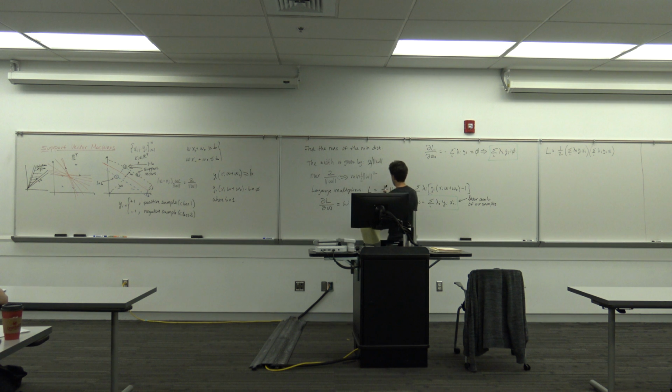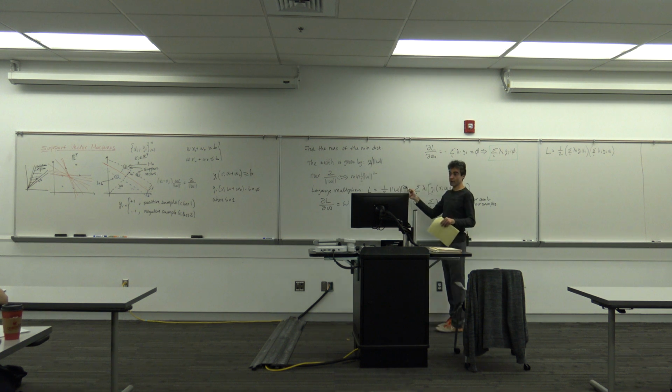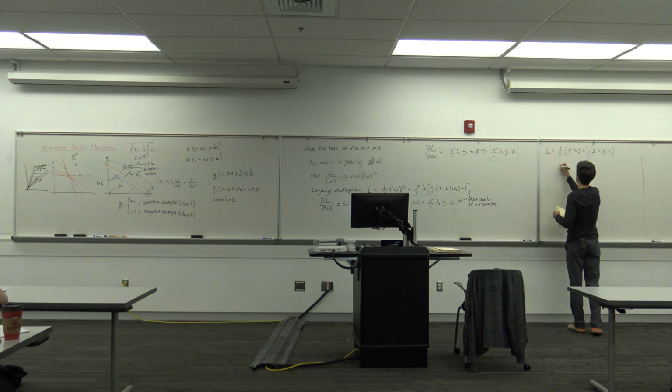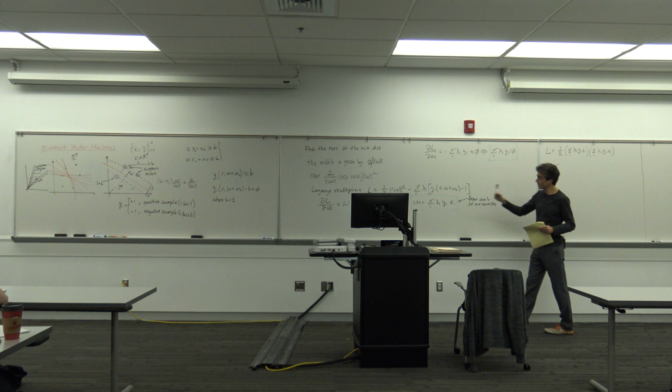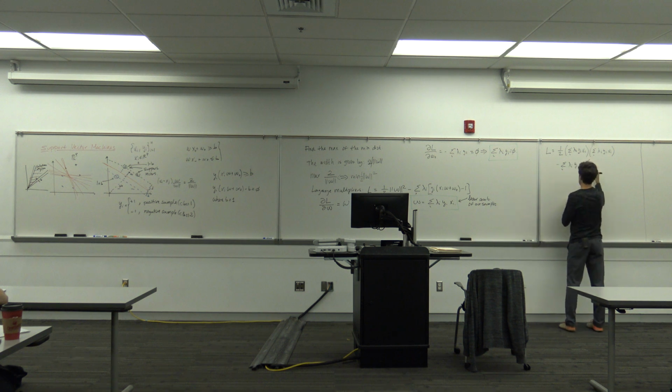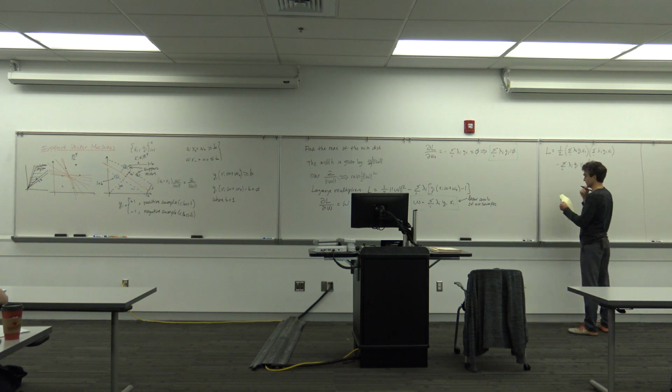Here, 1/2 of W square, which is W times W. Minus, now the second part is the sum over all i of lambda i yi xi times the sum over all j of lambda j yj xj, right? Is that correct?